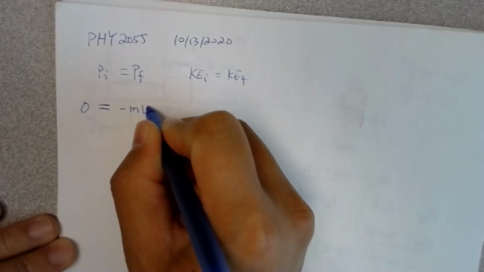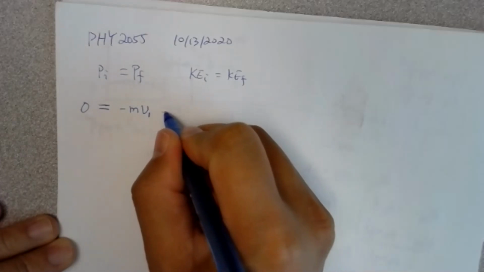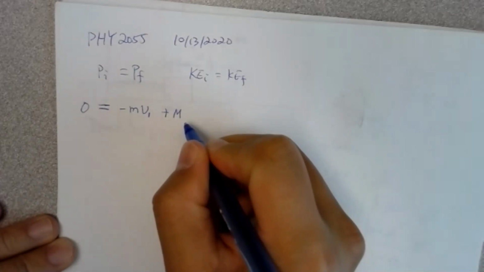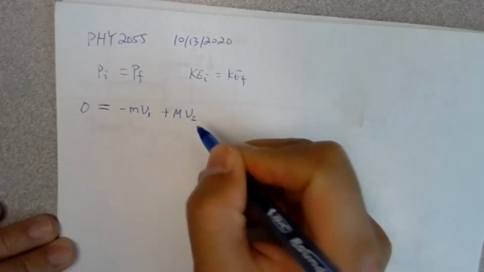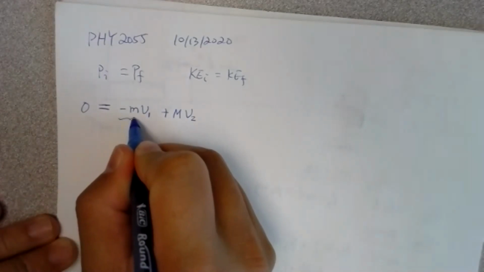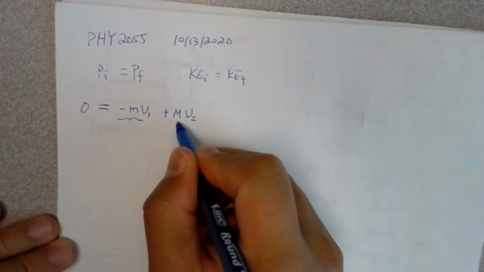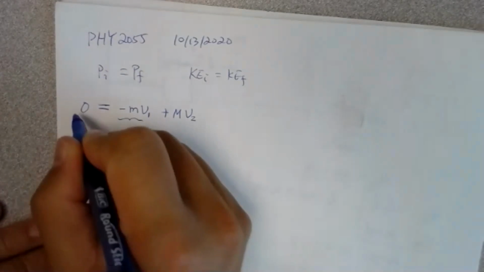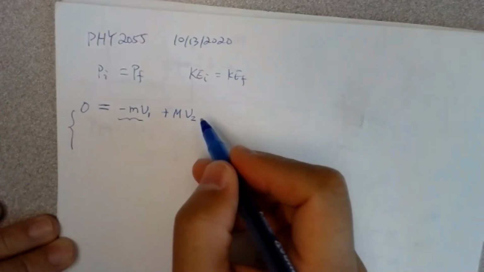So let me call it v1, or you can do v sub cart, and then plus the capital M, the mass of the ramp, times the velocity of the ramp in the horizontal direction. So I'm going to call that v2, okay? This is negative because the car is going towards the left. Now the ramp is going to the right, so it's positive. So this is conservation of momentum.